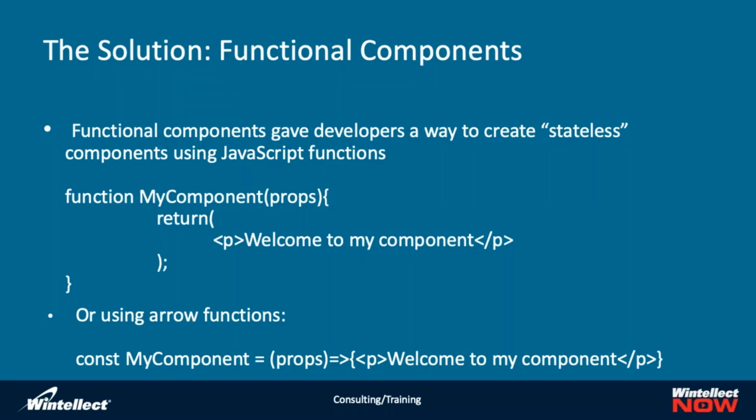Here's what a function component looks like. They gave developers a new way to create stateless components by making components be just functions that return some piece of the user interface. And this can be trimmed down even more to just a very simple arrow function, as in the second example.